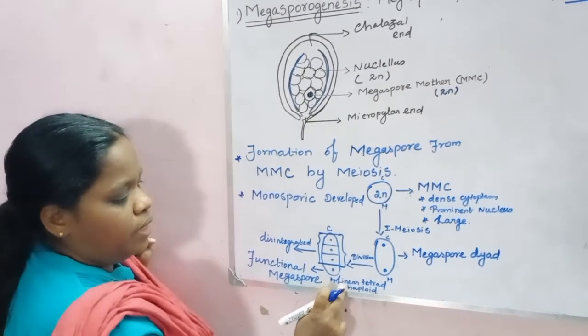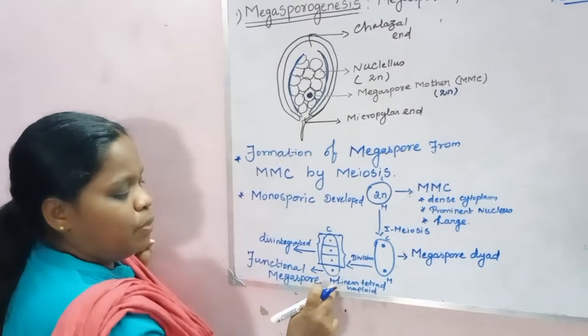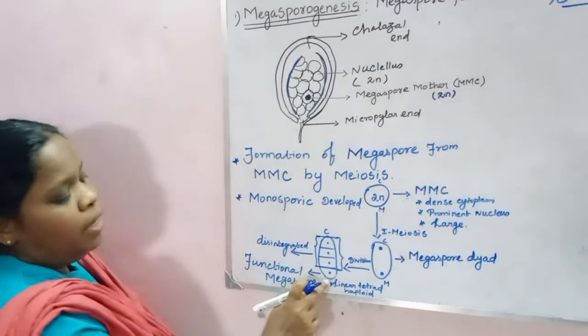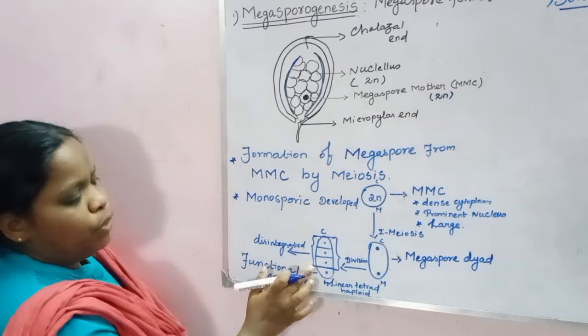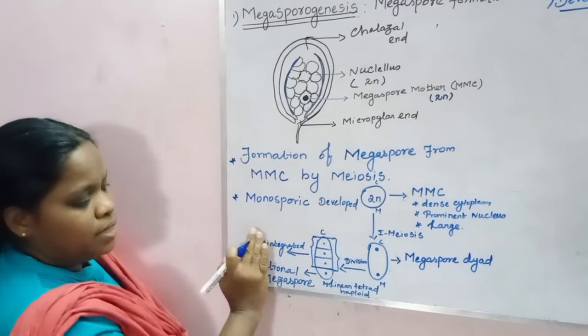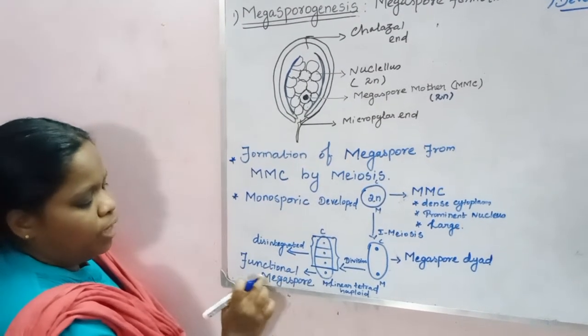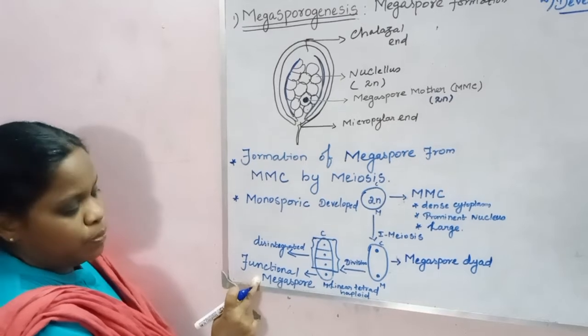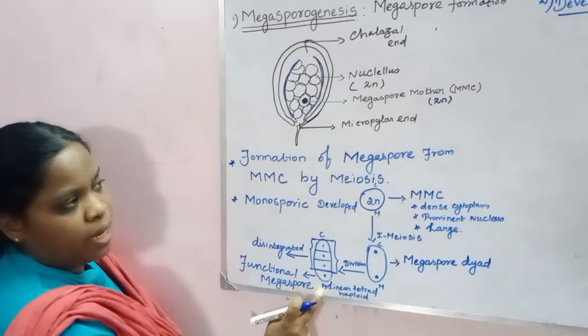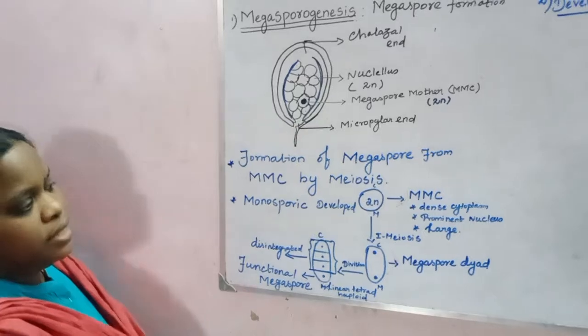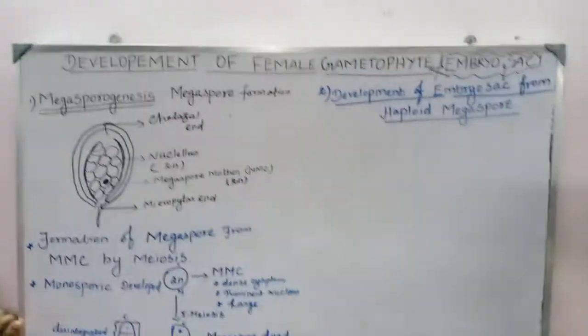Among the linear tetrad, all megaspores are haploid in nature. The three megaspores near the chalazal end are disintegrated. The remaining one becomes the functional megaspore, present in the micropylar region. Okay.